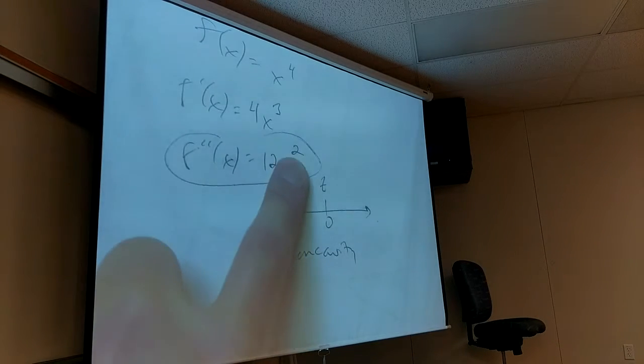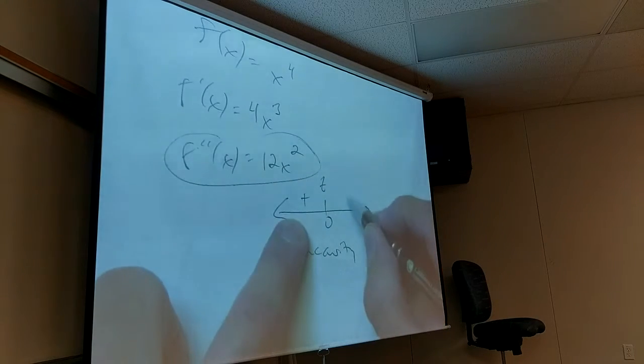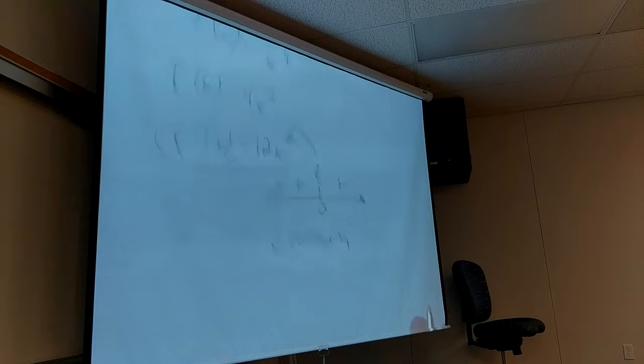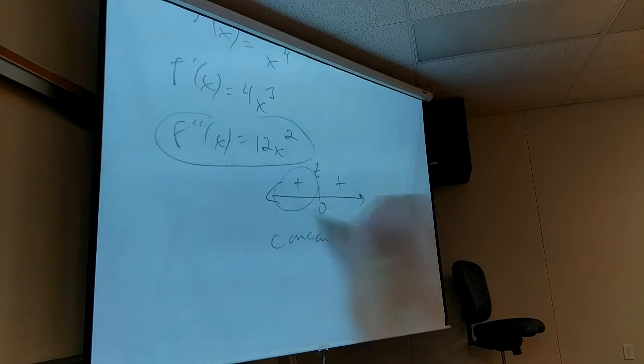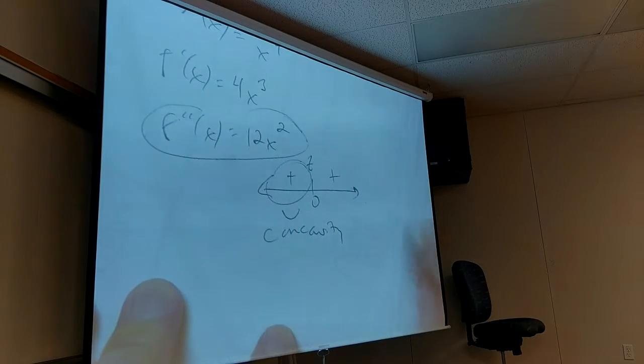Now, hopefully you can tell on either side of the 0, it's not going to change sign, right? I put a negative a billion in, it's positive. Put a positive a billion in, it's positive. So what's that mean then? What's true about the function down here? It has what feature? Yeah, concave up. It's happy. And up here, it's happy.